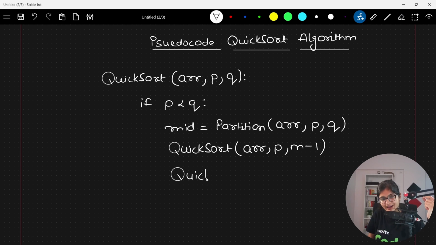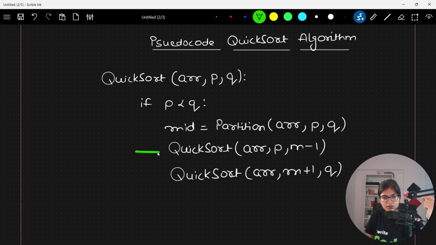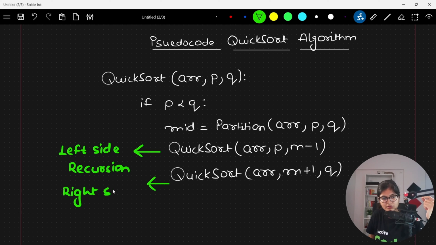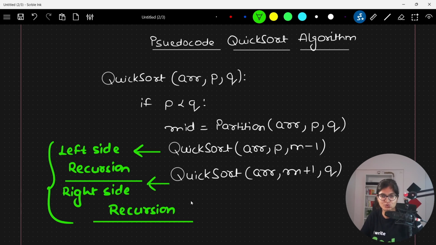And on the right side again, the quicksort of R M plus 1 until the value of Q. So this is the left side recursion, and this is the right side recursion. Left side and right side recursion which is happening.